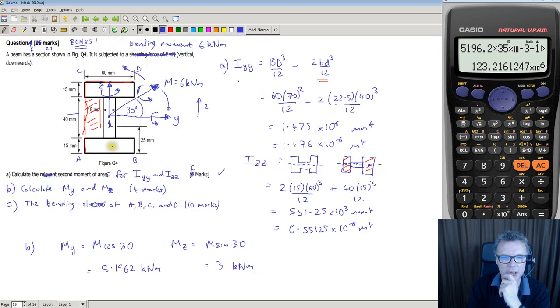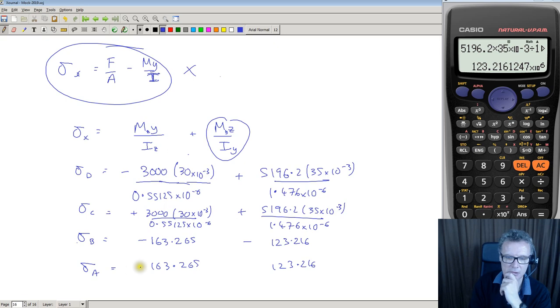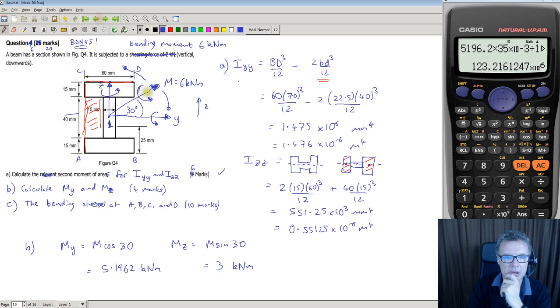And for A, so the first one is coming out, so it's in tension. And for the Y, it's going in all the way along. It's going in here, so that will be in compression.